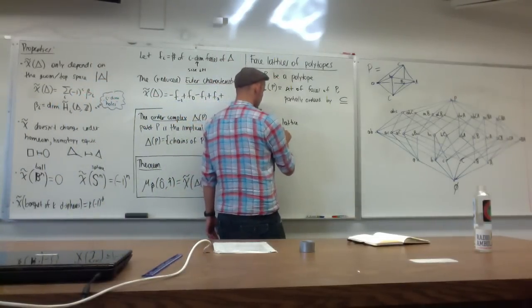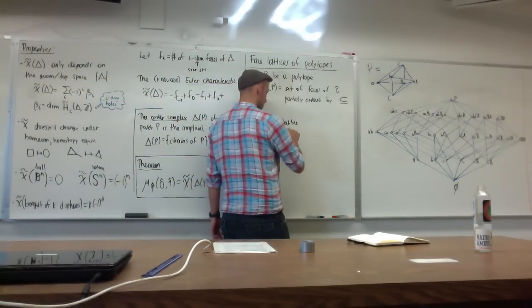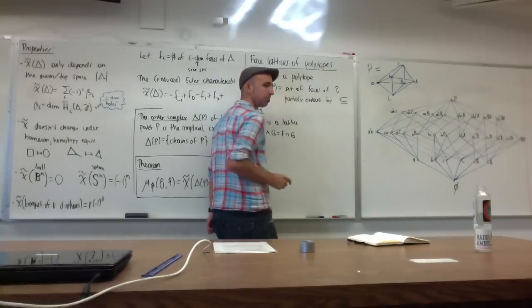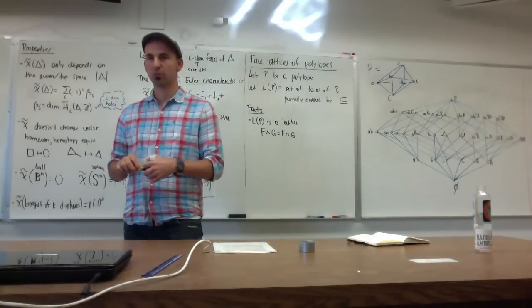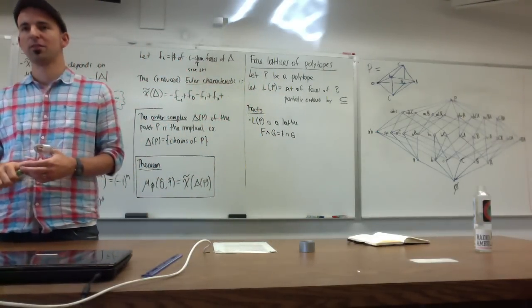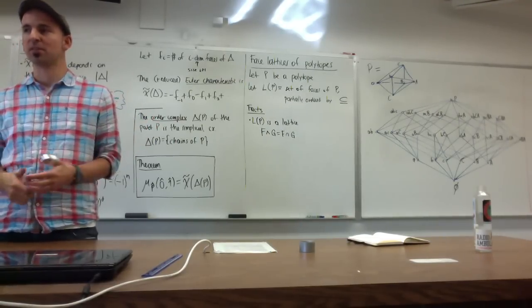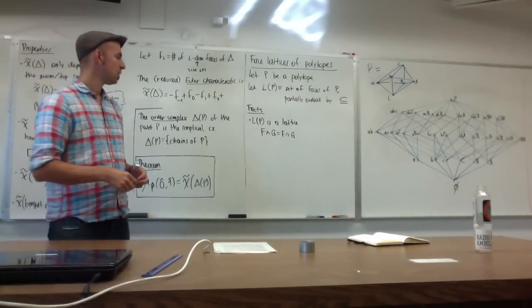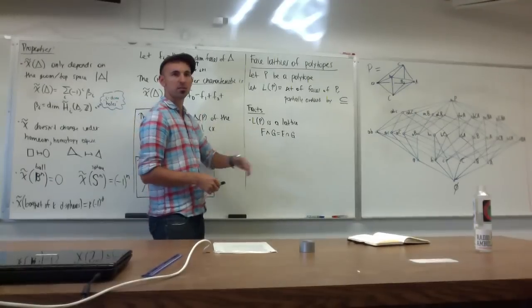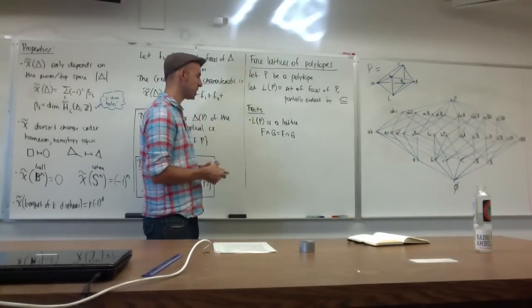And that's actually pretty easy because it's just the intersection. The intersection of 2 faces is a face with the stipulation that if the intersection is empty, then we're calling the empty set a face. So from this definition, it's clear that this is the meet of F and G.